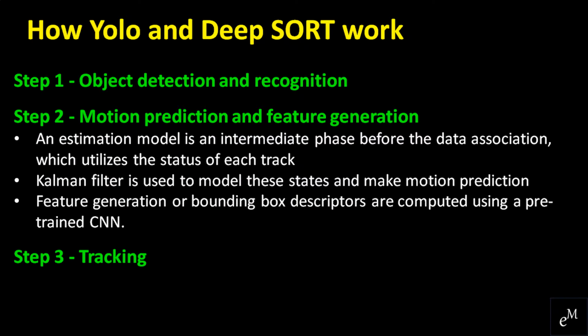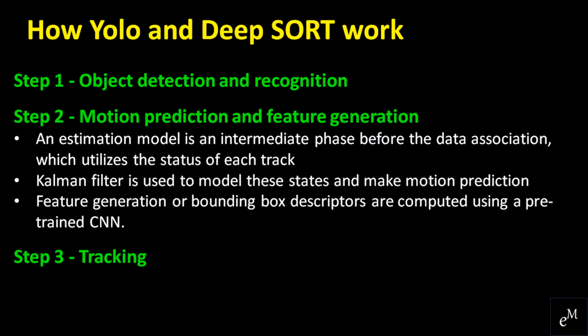In the second step, we need to predict the motion and generate appearance features. An estimation model is created before the data association. This utilizes the states of each track, such as bounding box center, box height, box width, and so on.